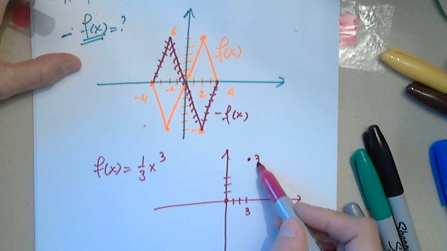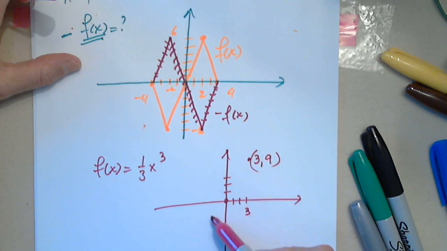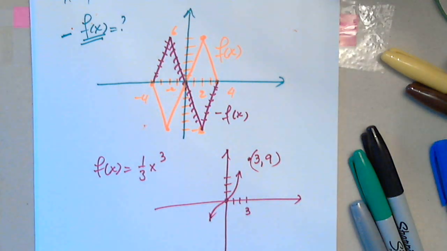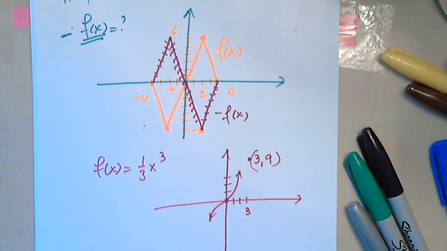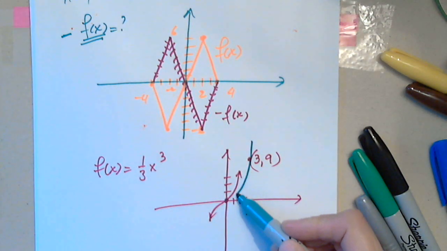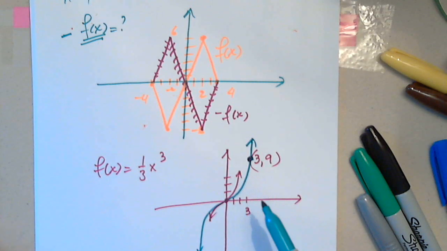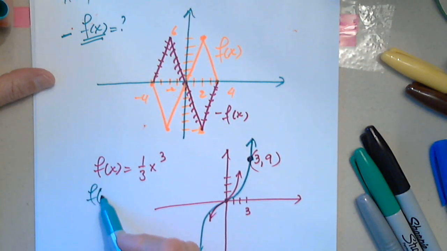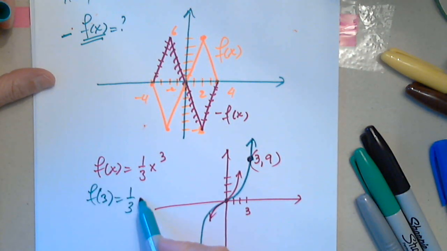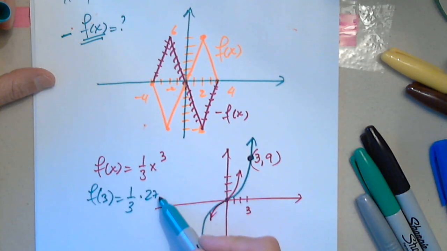Oh, okay. If you don't use this point 3, 9 and you just graph it, it will consider it wrong. So you will graph the origin, and then you have to make it go through that point. See, f of 3 is 1/3 times 27. 3 to the 3rd is 27.